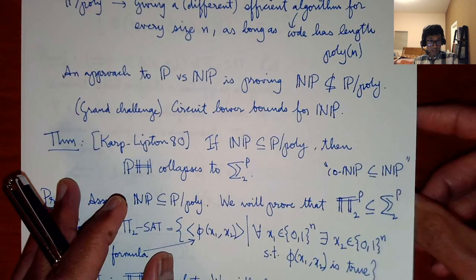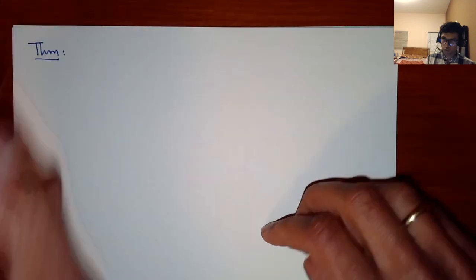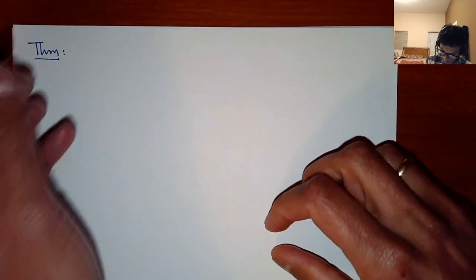So what's interesting is, and this is your homework problem, if you solve that homework problem, I think you will understand this proof really well. It's based on similar ideas. And this is a much stronger unconditional lower bound.